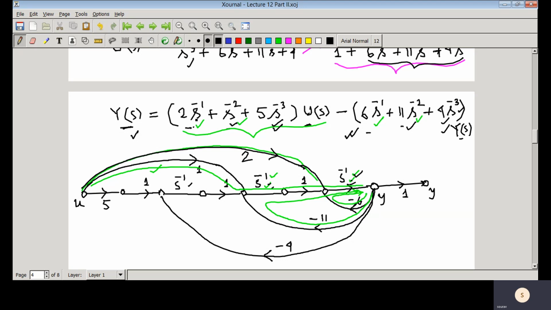Then you can see here that this particular term is satisfied. 2 into, it is starting from u, going like this, that is this path, following like this, and going like that. So that means 2 into u into s to the power minus 1. So this is done. We have realized this particular algebraic equation, and this is that realization.